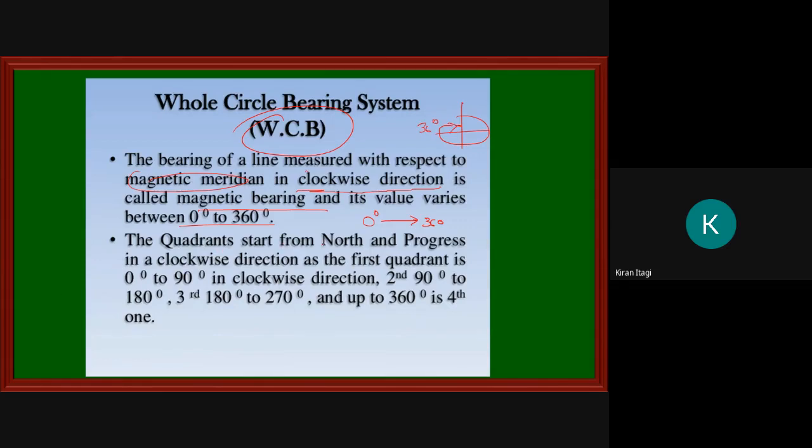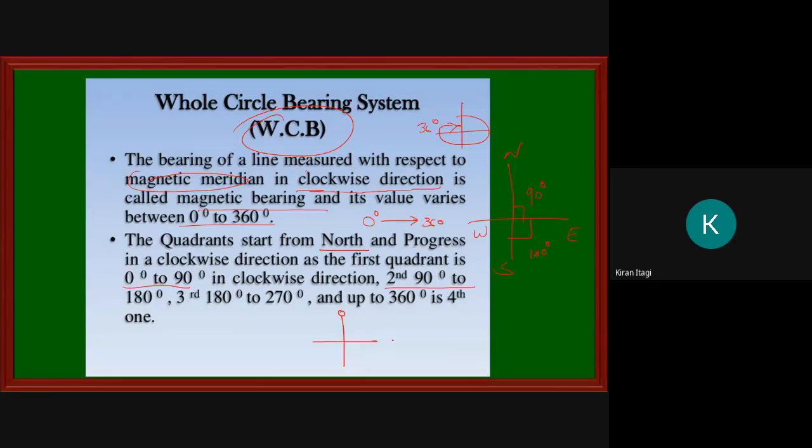The quadrants start from north and progress in clockwise direction, the first quadrant being 0 to 90 degree, the second 90 to 180. North, south, east, west: this is 90 degree, and 90 plus 90 is 180 degree.